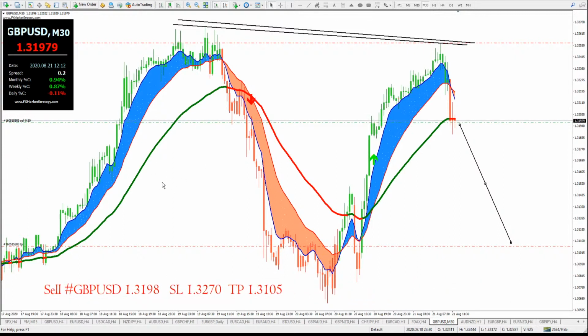Okay, guys, so this is the trade we want to see right now. The sell of the pound dollar at 1.3198, stop loss 1.3270, then take profit 1.3105.